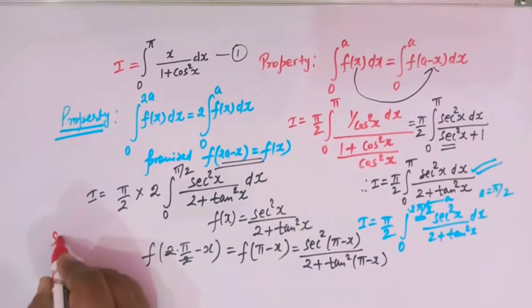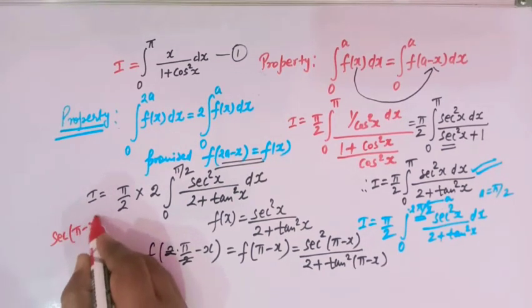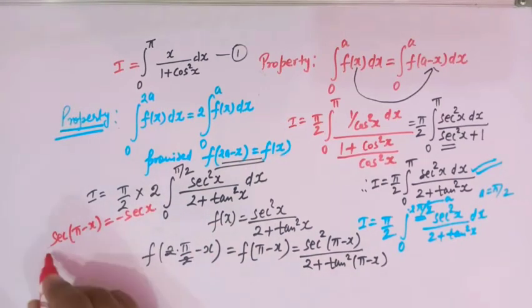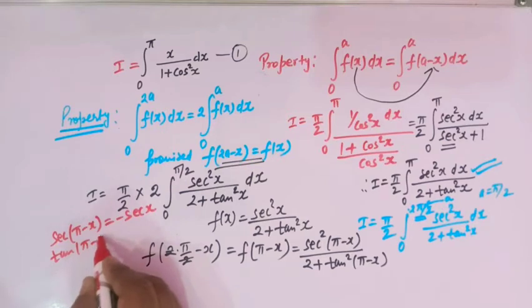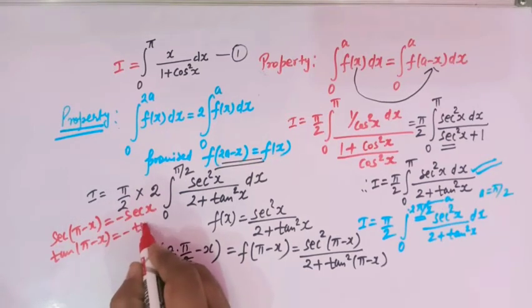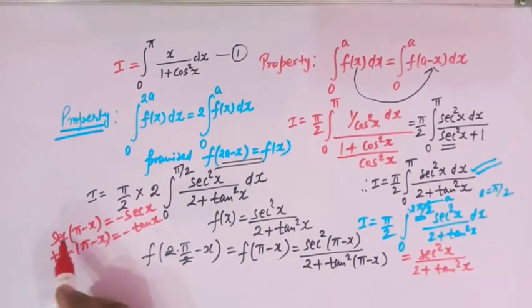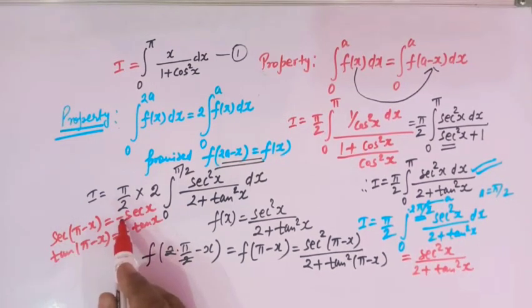Now we know that sec of pi minus x is equal to minus secant x, and tan of pi minus x is equal to minus tangent of x, and their squares are obviously positive. So this expression becomes secant square x over 2 plus tan square x, because if we square both sides, the negative becomes positive.